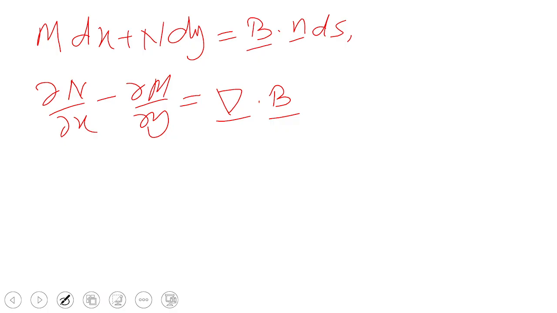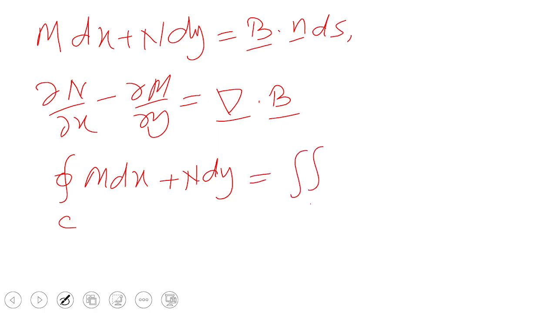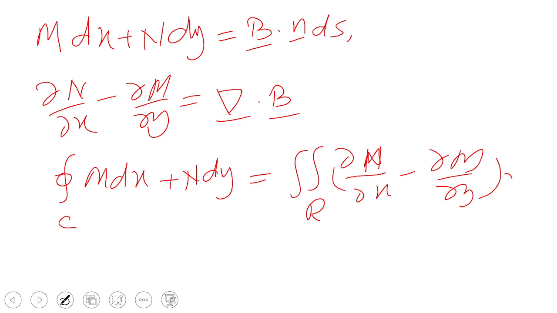And we know by Green's theorem that on a closed curve, M dx plus N dy is equal to the double integral over the region of partial N partial x minus partial M partial y dx dy.